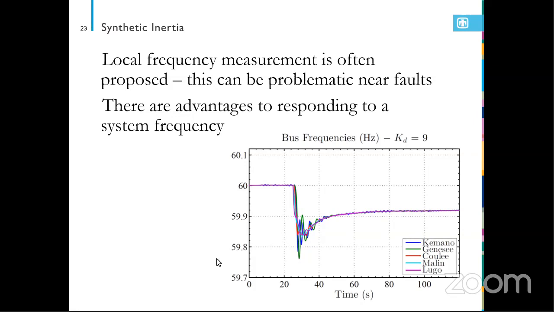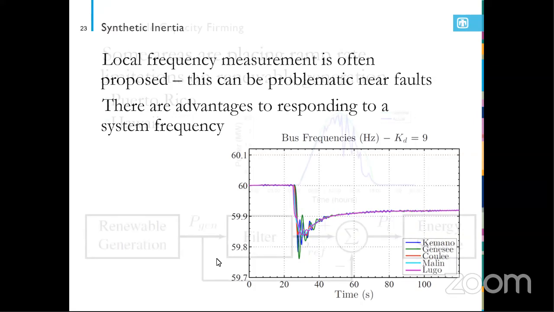And that's basically the inter-area oscillations you're seeing. And so if you take all these different speed measurements or frequency measurements throughout the grid, and then take a system average and respond to that, it actually smooths out the response and can be very effective. The downside to this is that you have to have more communications.